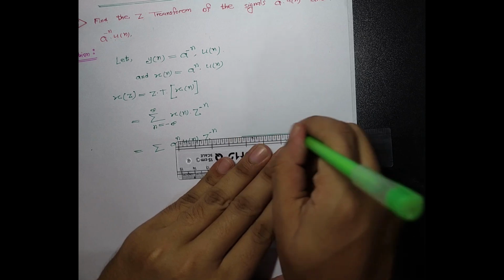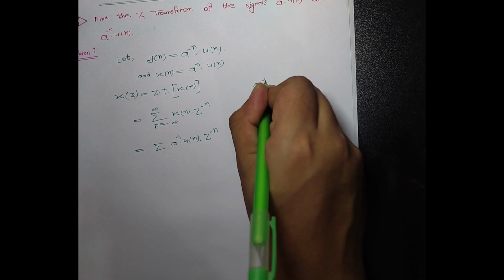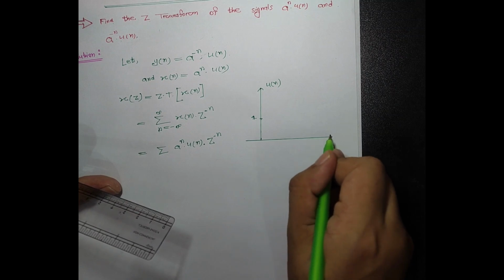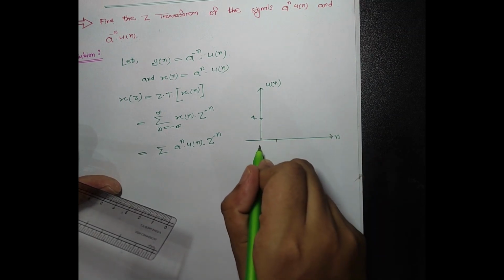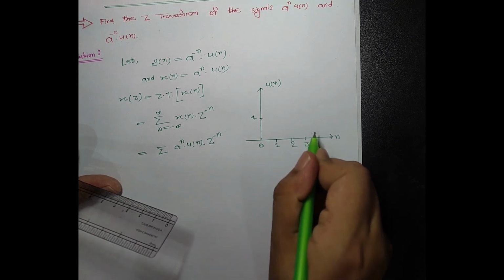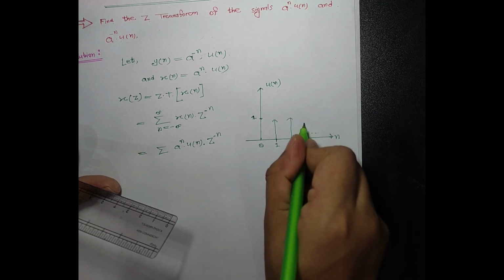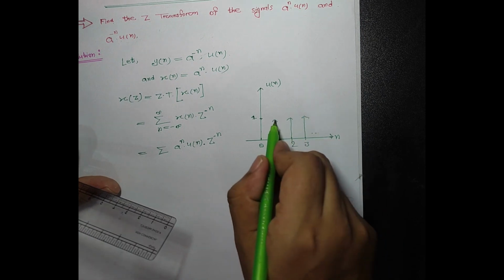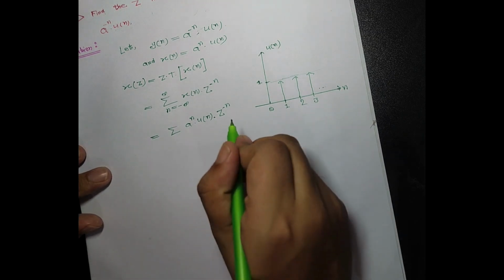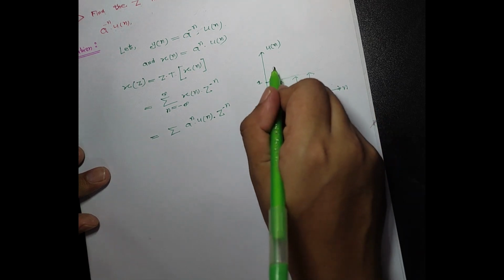If we draw the unit step signal, we can find u[n], every value is 1. That means the range is 0 to infinity.